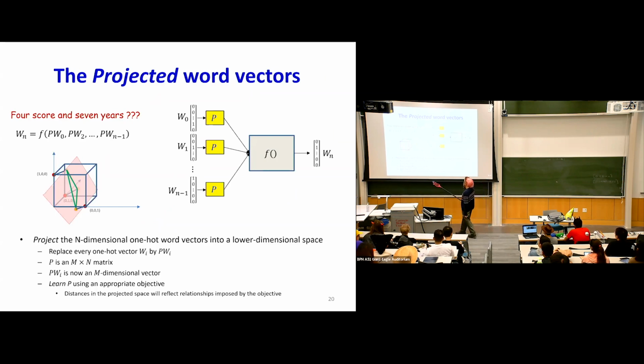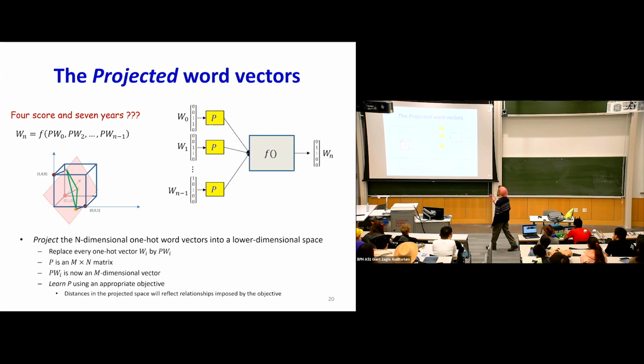If I'm projecting all of my words down, this means that my prediction function in language modeling is going to be using P times W rather than W, right? Every single word is being projected down by pre-multiplying it by the matrix P. Now, multiplying a vector by a matrix is like having a single linear layer in your network, correct?